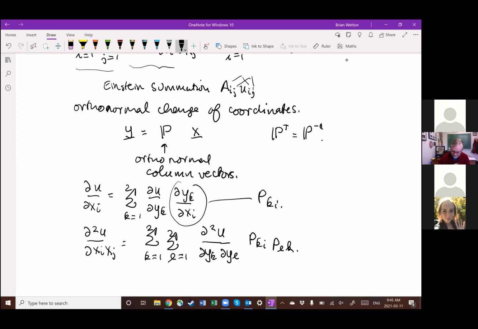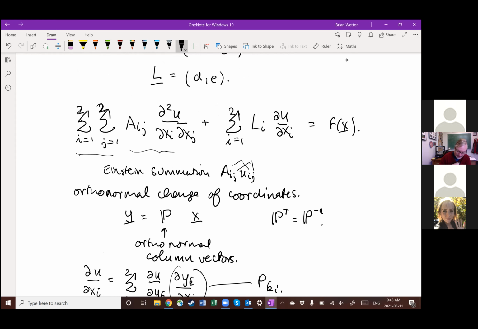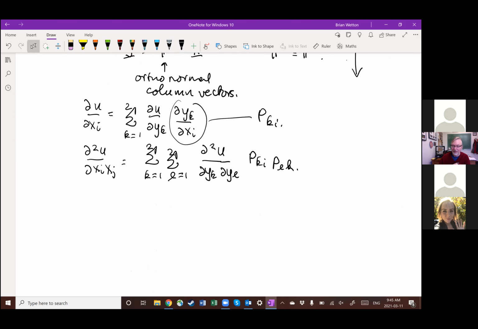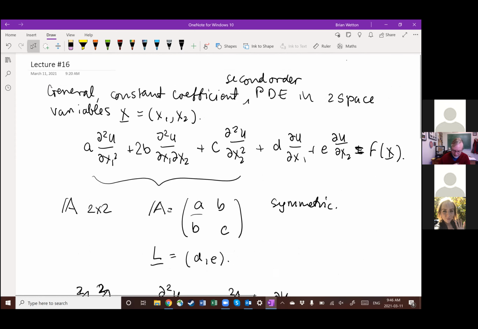Okay, so now I've changed this equation to y coordinates, right? Why are we performing this operation again? Because I'm going to show you that anything you start with will look either like the heat equation, the wave equation, or Laplace equation.